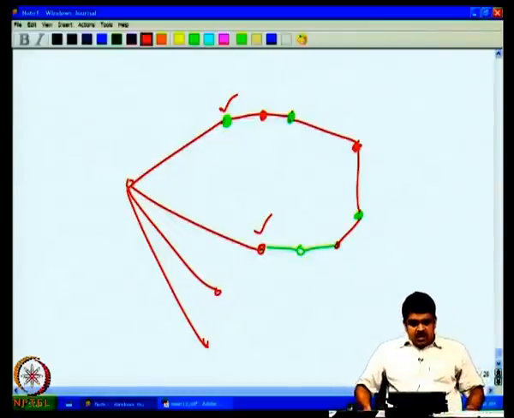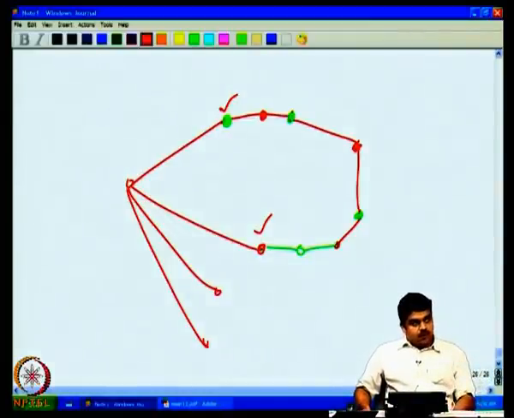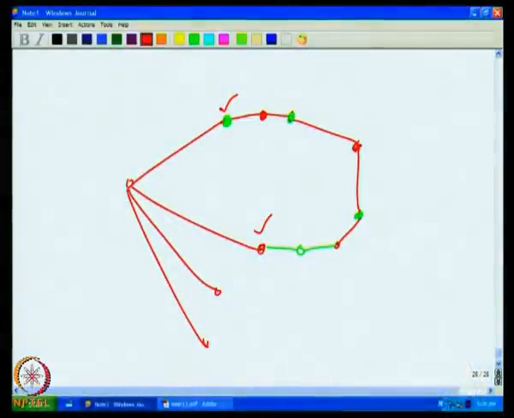So if you pick up two colors in the neighborhood, the component of the two colors involving these two vertices has to be always a path rather than any complicated structure.